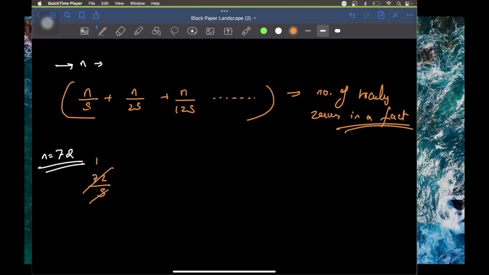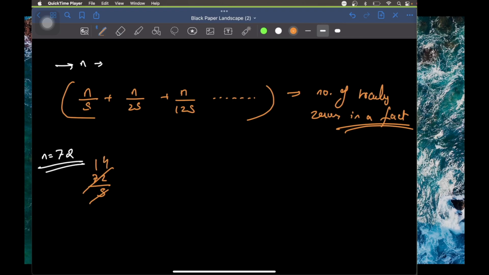So 5 ones are 5, 5 twos are 10, but you can do a bit better. 5 ones are 5, and then you get a remaining 2. So 5 fours are 20.